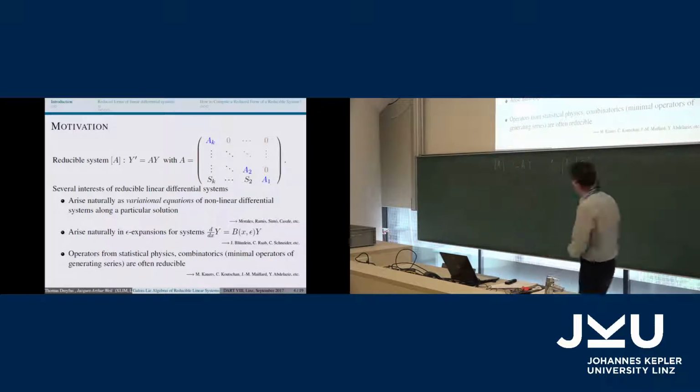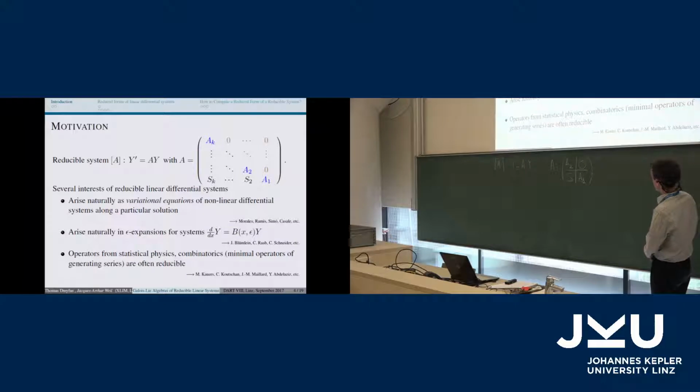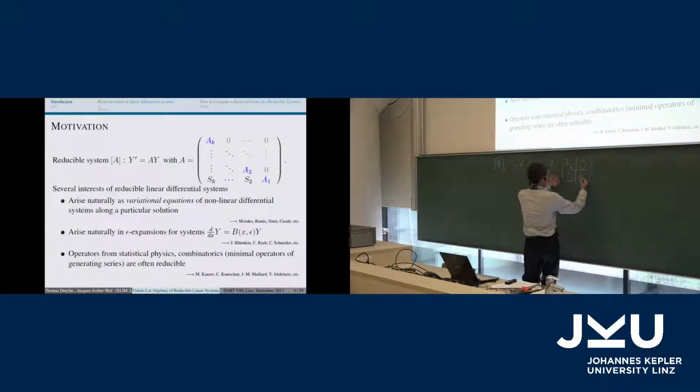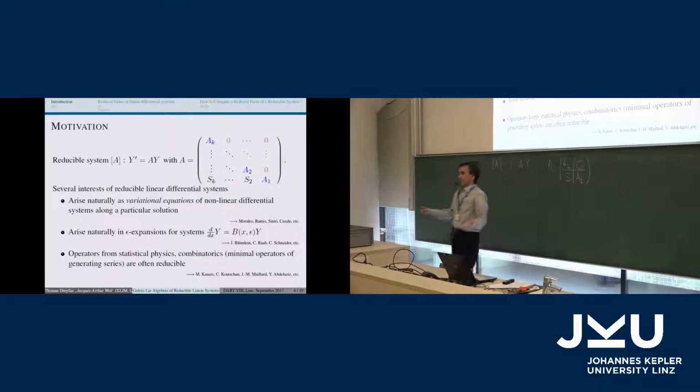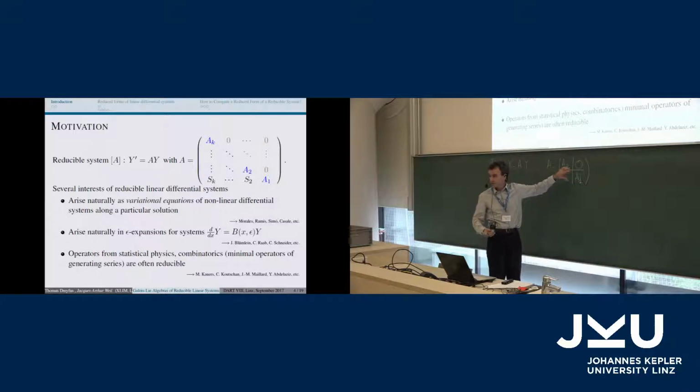And something I didn't write, there is a philosophy behind that. If you have a system like this, and suppose I say this is in a desirable form, so suppose you know how to solve that in some class of functions, then what I'm saying looks useless because we know how to solve that system. You just do variation of constants.